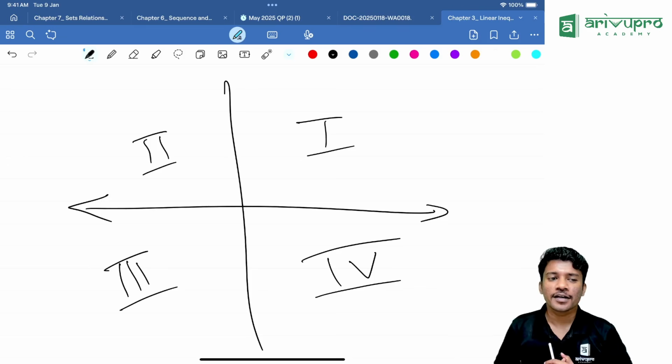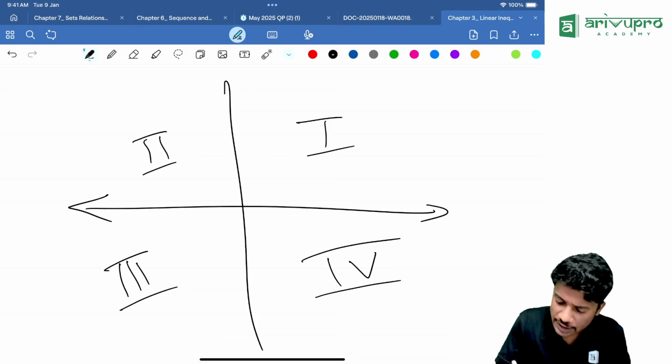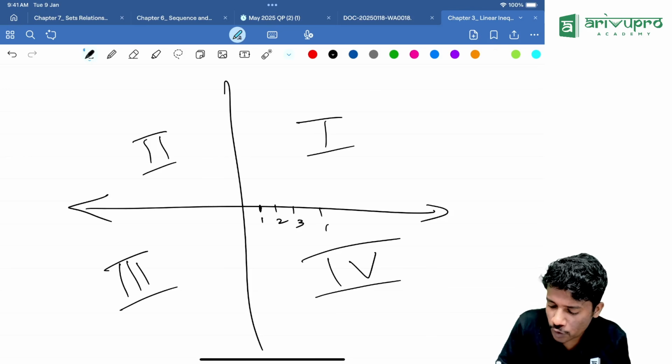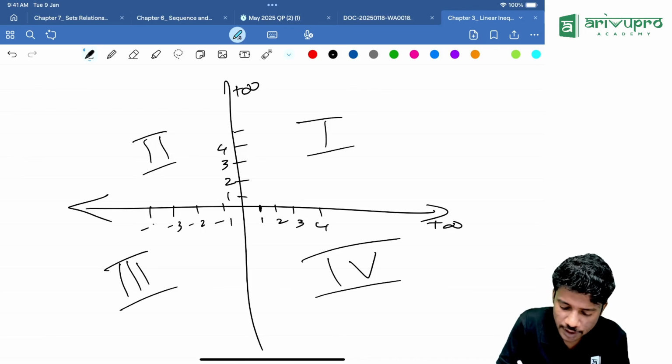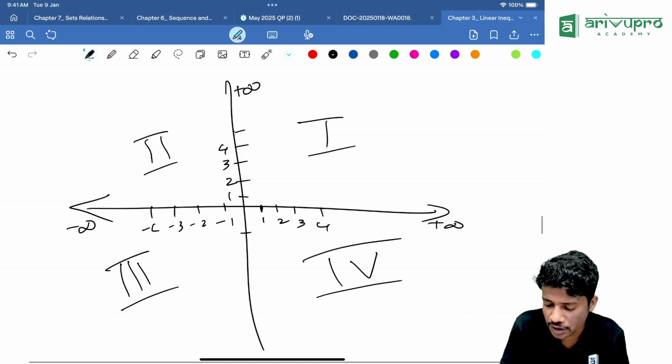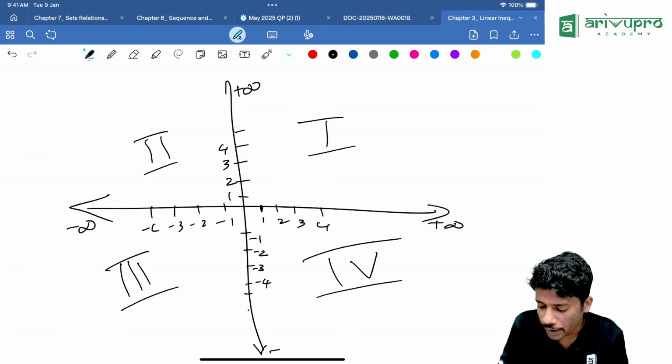Now, if you know the graph, we know that x values are 1, 2, 3, 4, etc. up to plus infinity. Here also 1, 2, 3, 4, etc. up to plus infinity. Here minus 1, minus 2, minus 3, minus 4, etc. up to minus infinity.